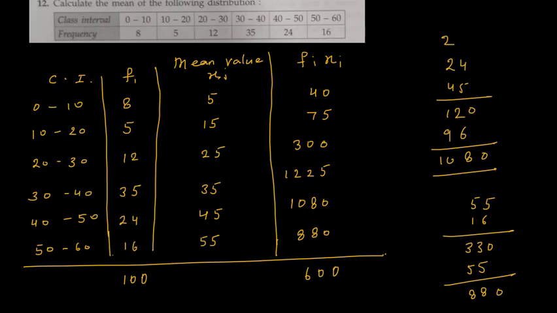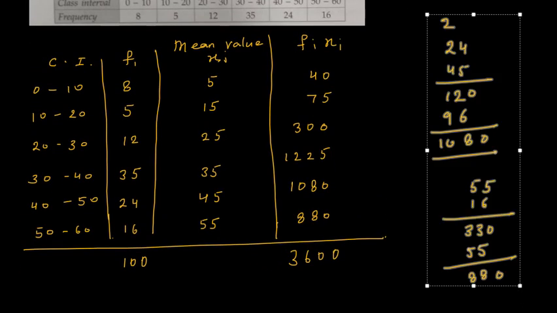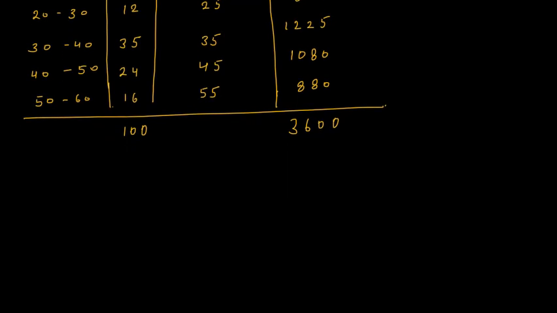Then 1 plus 1 is 2, plus 1 is 3. So 3600 is your summation of fx. Here I will say that summation of fi is 100, and summation of fi into xi is 3600.